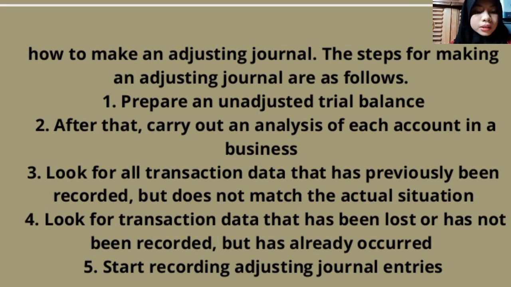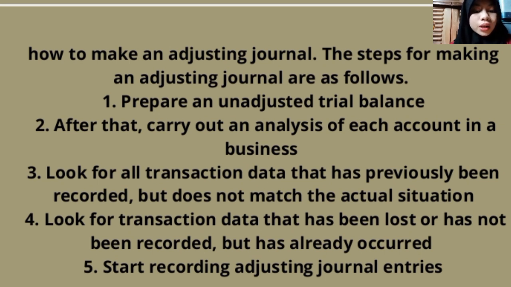How to make an adjusting journal? The steps for making an adjusting journal are as follows. Number one, prepare an unadjusted trial balance. Number two, after that, carry out an analysis of the accounts in the business.